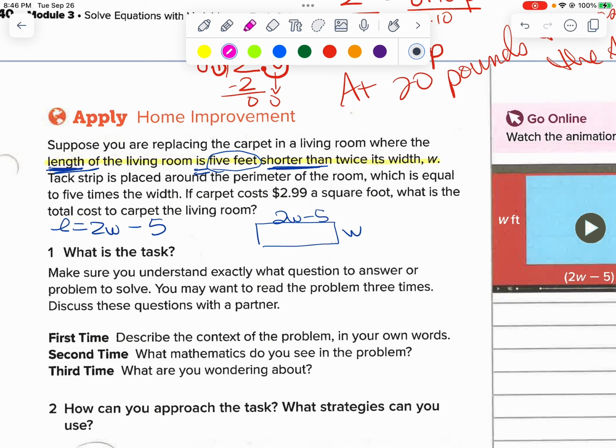Okay, so the next part says a tack strip is placed around the perimeter of the room, which is equal to 5 times the width. Okay, so we need a tack strip around the room.